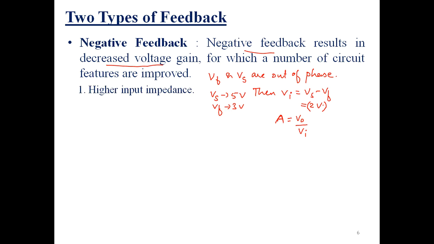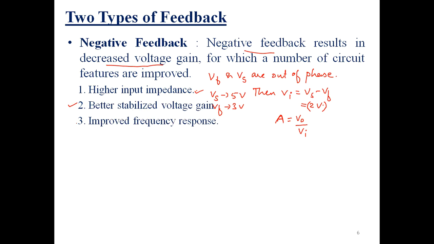Negative feedback increases the input impedance, so it has higher input impedance. Then better stabilized voltage gain, which is also an important feature. Then negative feedback results in improved frequency response. We'll be talking about voltage gain stability and the frequency response again at a later stage.